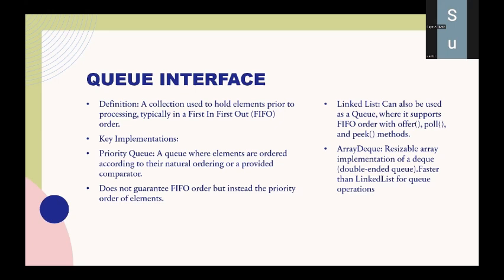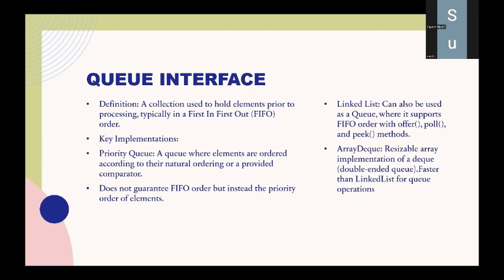Using that, the program can easily work in a smooth manner without any discrepancy. So that is why priority queue is also an important topic in the queue interface. It does not guarantee FIFO order, but instead the priority order of elements.